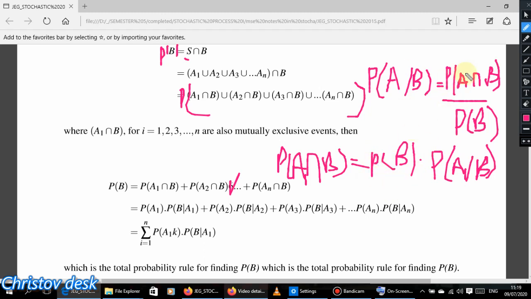If this was a B and this was A1, then the whole thing would change to this, and then this one too will change to this in that order. So the probability of B, which is the intersection of the particular element with all of that, is given by this summation.